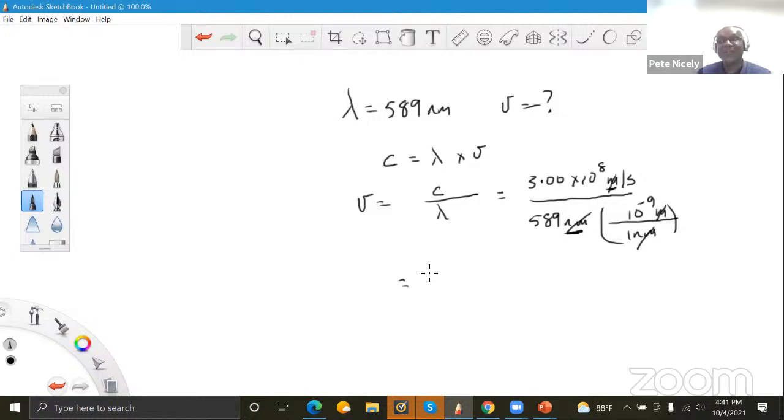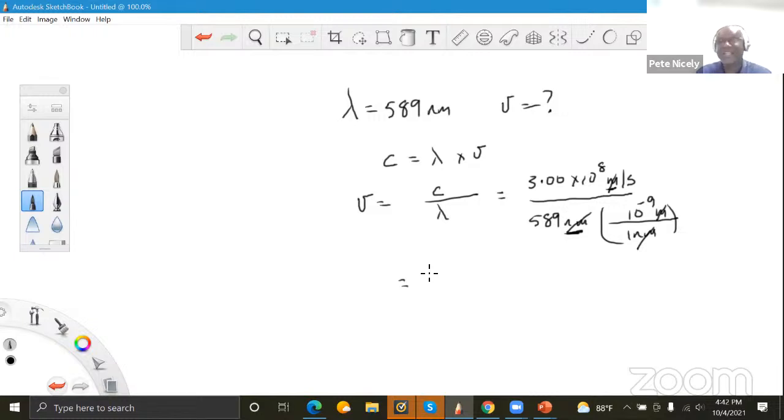So all we need to do now is our number crunching. And folks, please do this calculation along with me, because I could be doing something totally wrong and you can correct me. So it is 3 times 10 to the 8 divided by 589 times 10 to the minus 9. Let me do this again. 3 times 10 to the 8 divided by 589 times 10 to the minus 9.